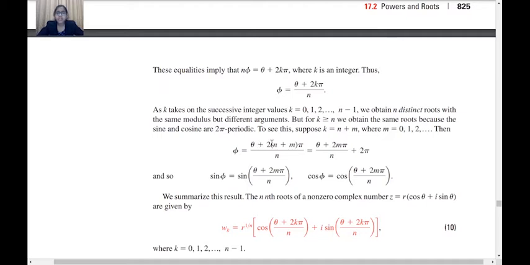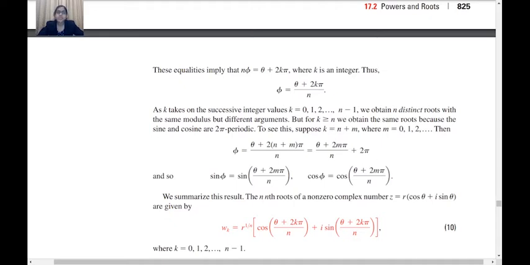So that is theta plus 2n pi plus 2m pi. Now n and n get cancelled. So this is equal to theta plus 2m pi by n plus 2 pi. So phi is nothing but theta plus 2m pi by n plus 2 pi when k is some value greater than or equal to n.